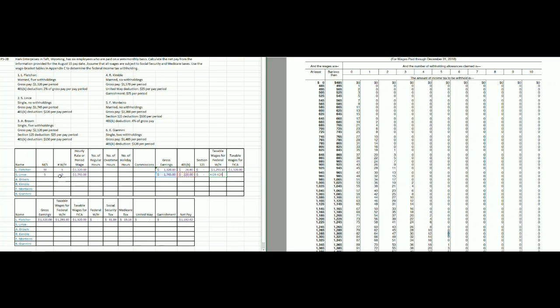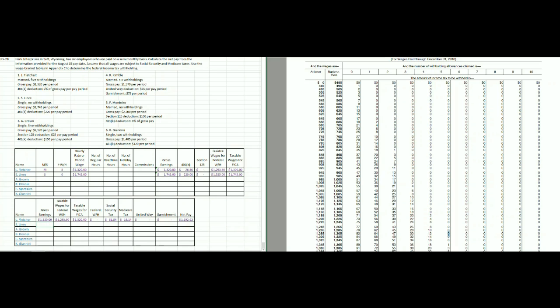Taxable for federal is earnings less the 401k for a total of $1,525. Again, 401k is not a reduction for FICA taxes, so gross earnings will be taxable for FICA.